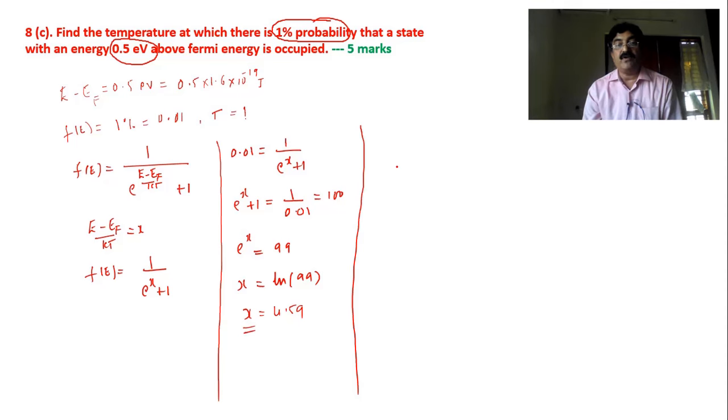Now you substitute for x, that is (E minus EF) divided by KT is equal to 4.59. I want T, which is equal to (E minus EF) divided by K into 4.59.